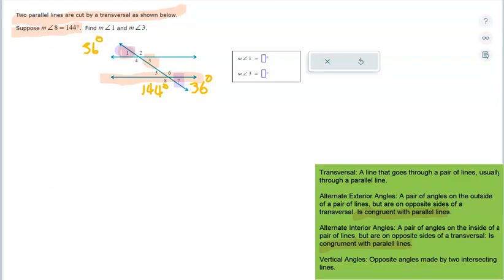Well, notice how angle 1 is directly across or opposite of angle 3. That makes them vertical angles, which makes them also the same. So the answer for angle 1 is 36 degrees, and the answer for angle 3 is also 36.